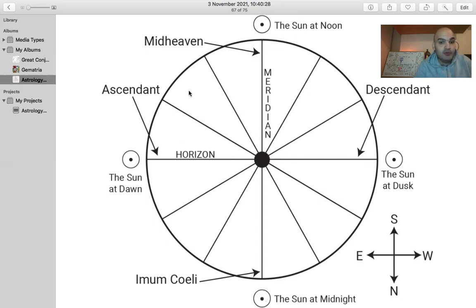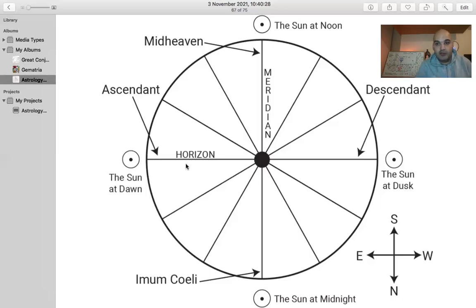So if I was born 2 hours later, the sign that would have been here would be Virgo, for example. So this is where the time is important in your birth chart to read it in more detail. Because like I said, the zodiac wheel is turning constantly, and every 2 hours, there's a different sign within a house. But obviously, we're going to get into that in a bit more detail as we go through this video.